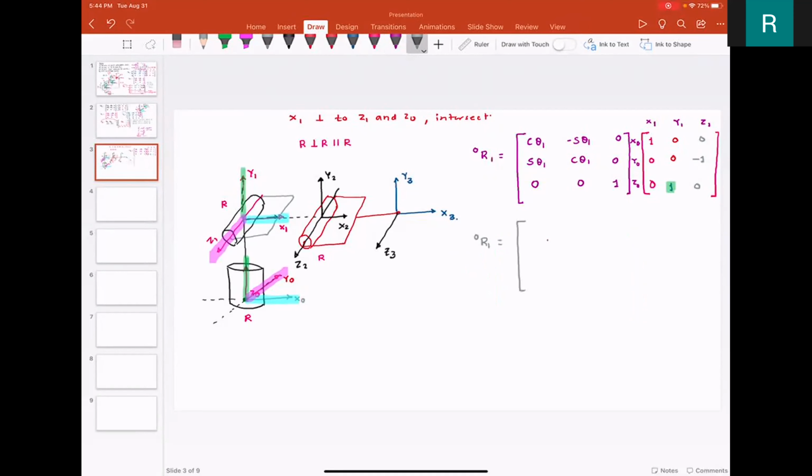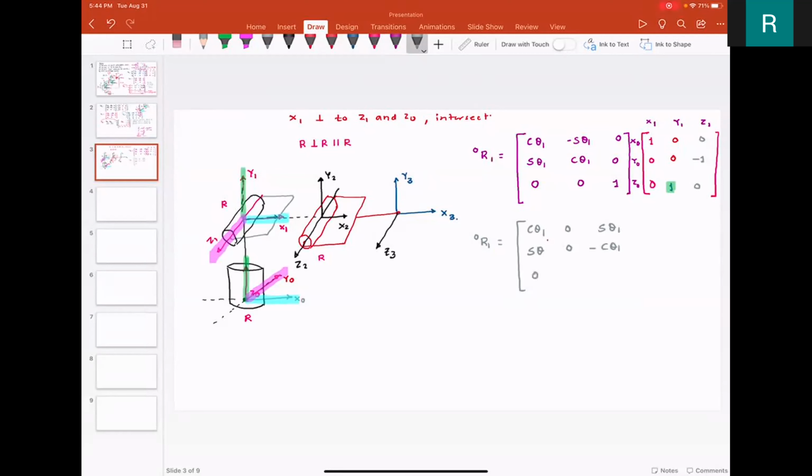So first row, first column, cosine theta 1. First row, second column, 0. First row, third column, sine theta 1. Second row, first column, sine theta 1. Second row, second column, 0. Second row, third column. Third row, first column.